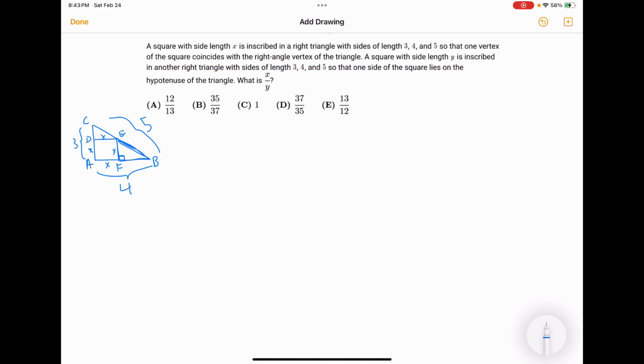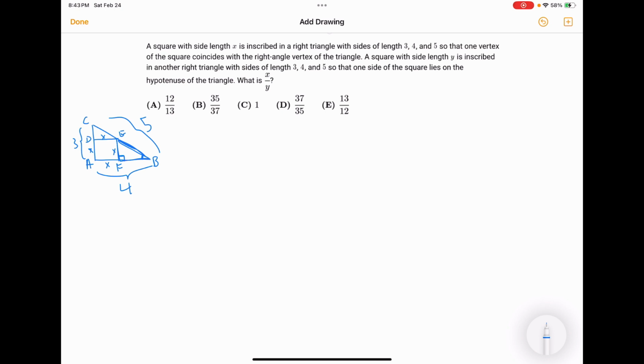Then angle B is equal to itself. So we already have two angles from each of the triangles that are the same, which means all three angles are the same. Therefore, these two triangles are similar.